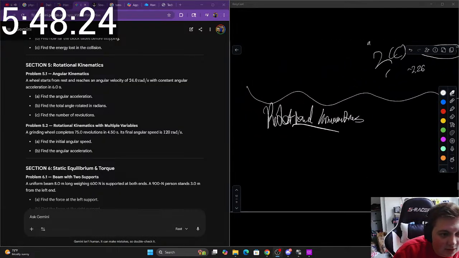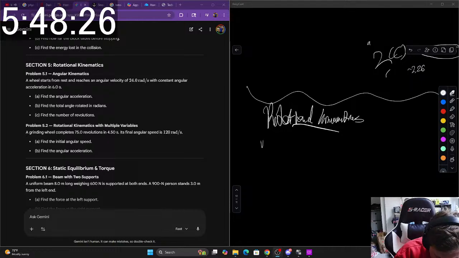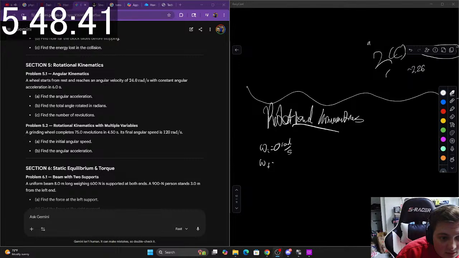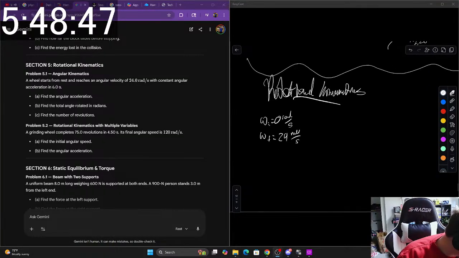Okay. Starts at rest. It's radians per second, I forgot. Reaches an angular velocity. Constant angular acceleration. What does angular acceleration look like again?